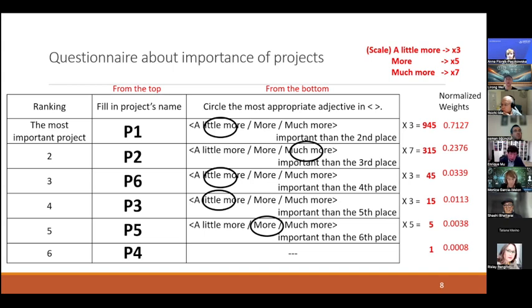Thank God Tom Saaty is not here, but beginning with this scale is fine for your purposes, but it's not a ratio scale to fill in a pairwise comparison matrix.